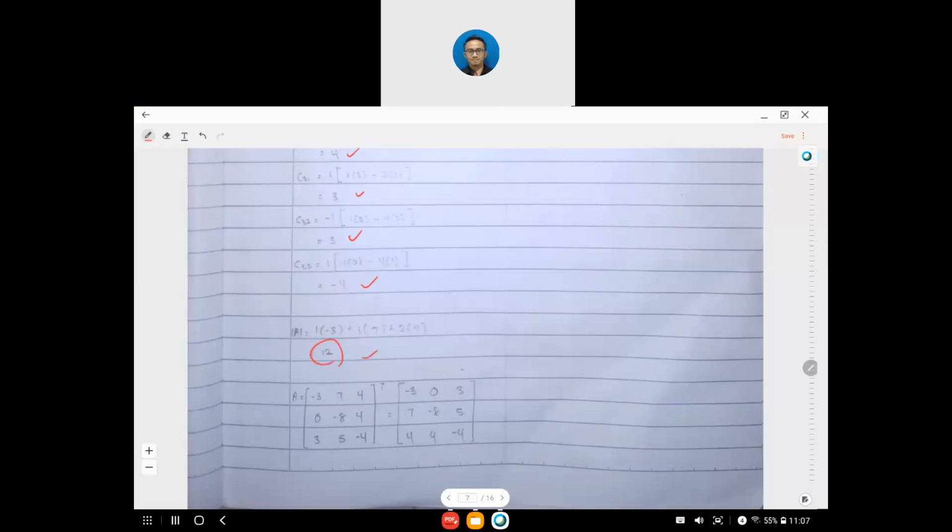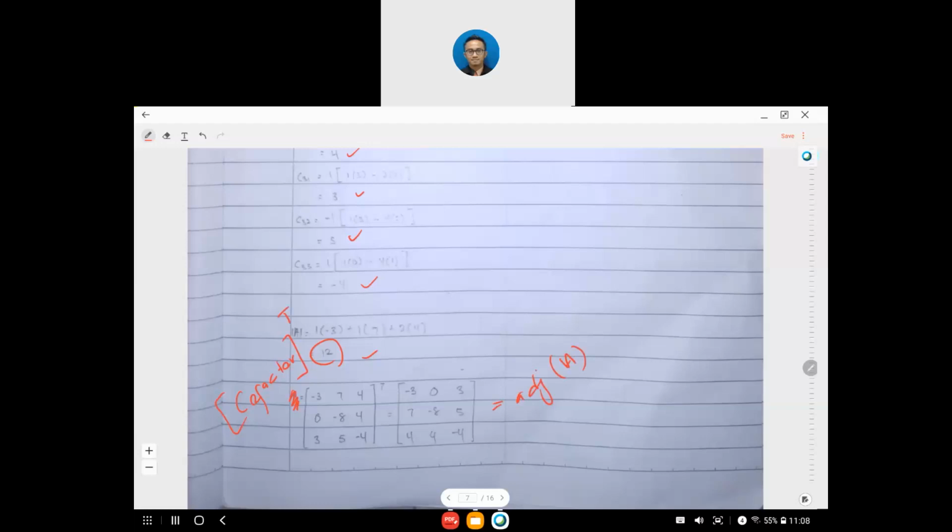Okay, and then transpose. This is not matrix A, it is the cofactor matrix. Cofactor transpose. Okay, it is not matrix A. Okay, cofactor transpose, which is also the same as what? Adjoint. Adjoint of matrix A. Okay, adjoint of matrix A also equal to cofactor of matrix A transpose.